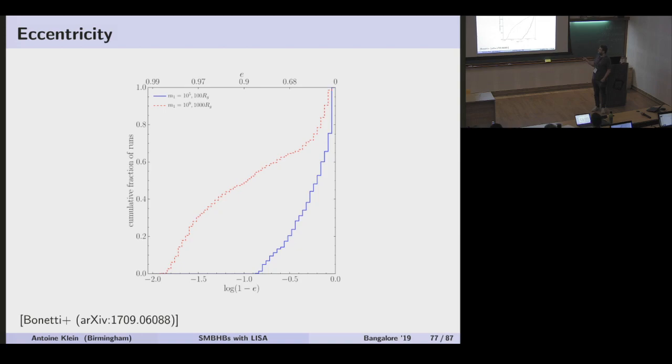So it's 100 Schwarzschild radii. And you see that you can get really, really high, up to 0.9 initial eccentricities when you enter the LISA band. So that will be a very, very important effect for modeling.